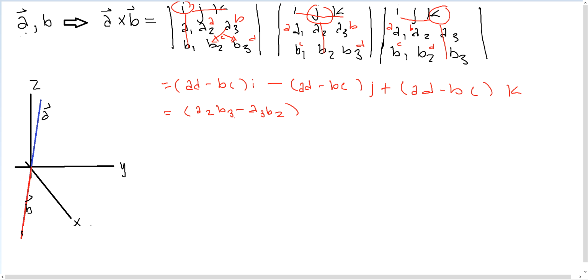And so we have A2B3 minus A3B2 times our first component, subtracted by A1B3 minus A3B1 times our second component, which is J, plus our third, which is going to be A1B2 minus A2B1 times our third component. Boom. And that is the cross product, or the solving of any 3x3 matrix.